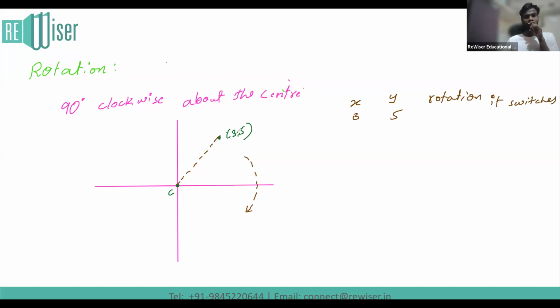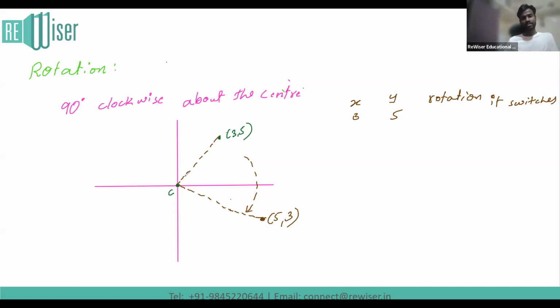Switches means instead of 3, 5, it becomes 5, 3. And this is what the rotation is.